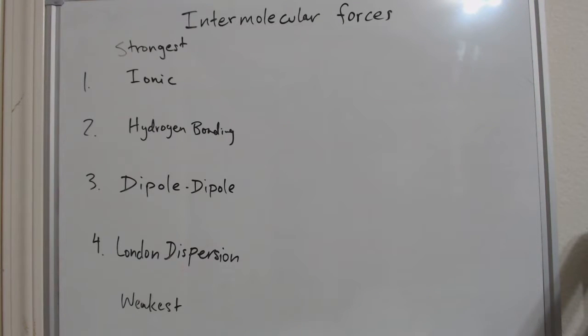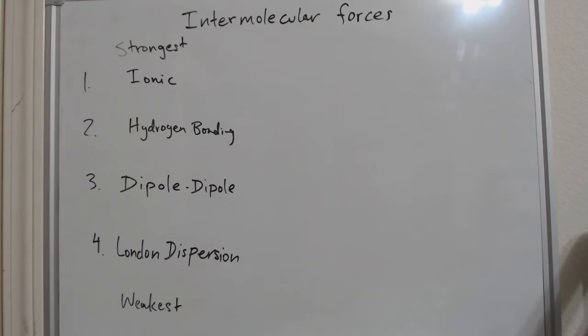So you'll probably be asked which one of these forces is the strongest and which one is the weakest. Now here it is. The strongest are going to be ionic forces because ions have a very strong charge on them due to the movement of the electron.